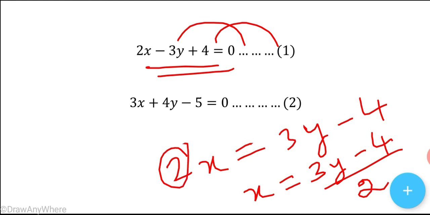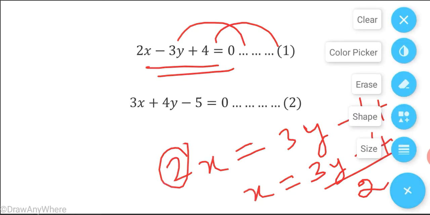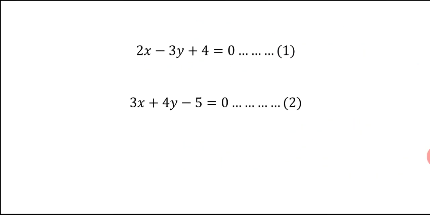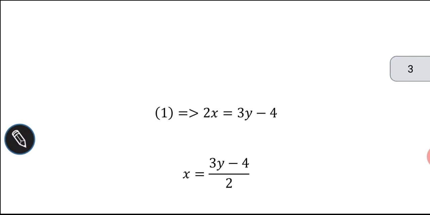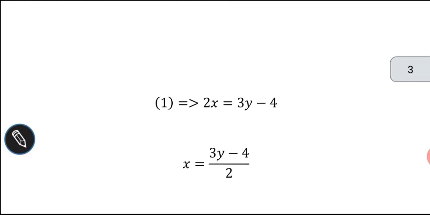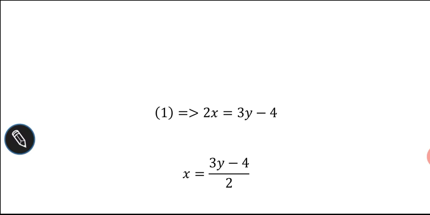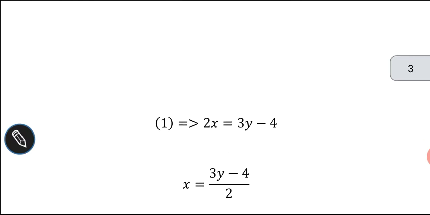So the 2 goes to the denominator: x equals 3y minus 4 divided by 2.